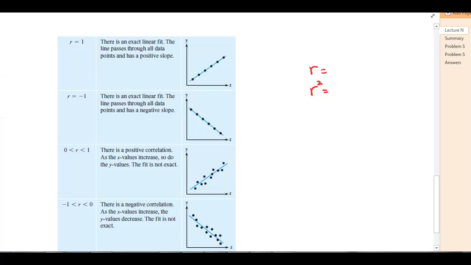And what we need to know is that that correlation coefficient, that r value, is really going to tell you how close you are to being a perfect fit.